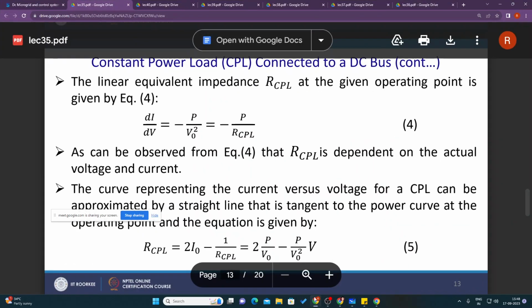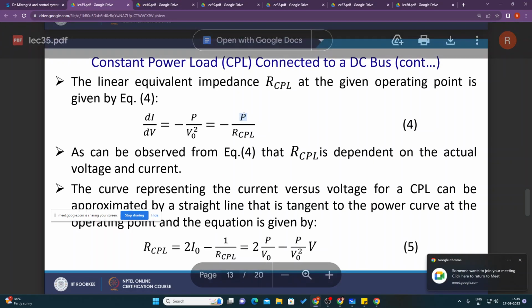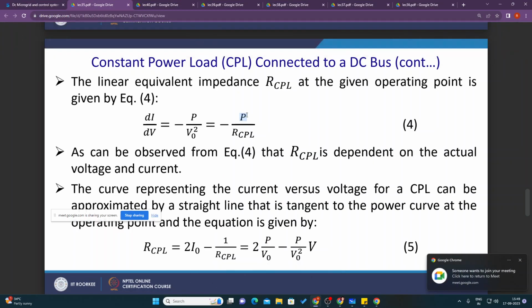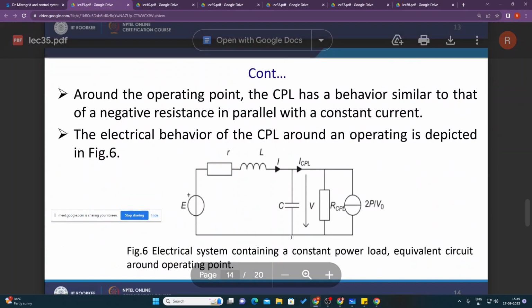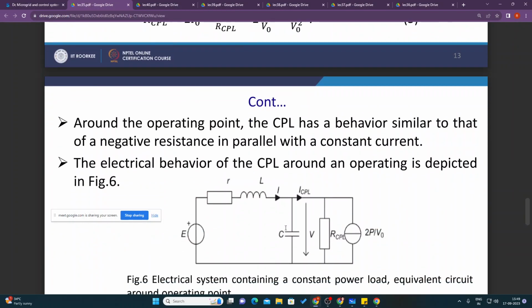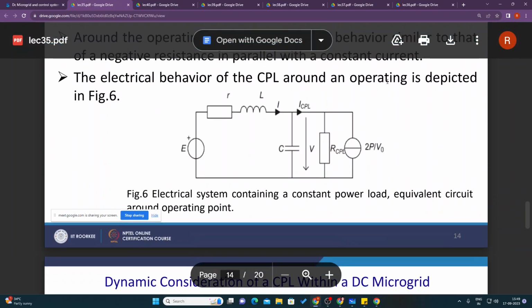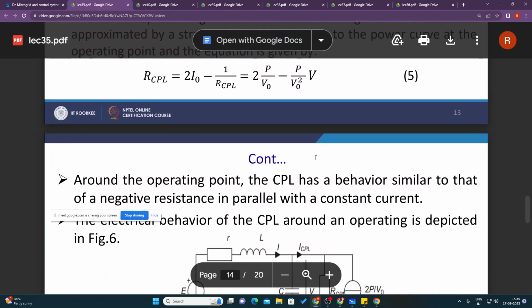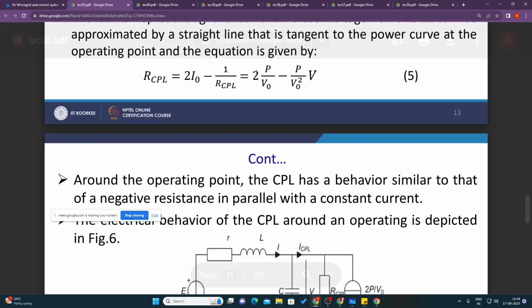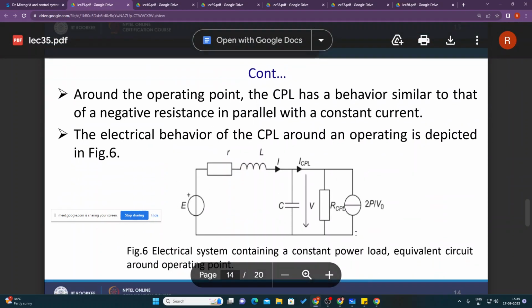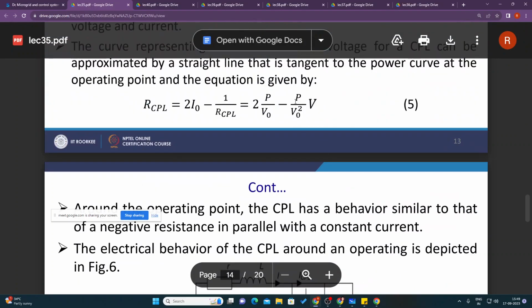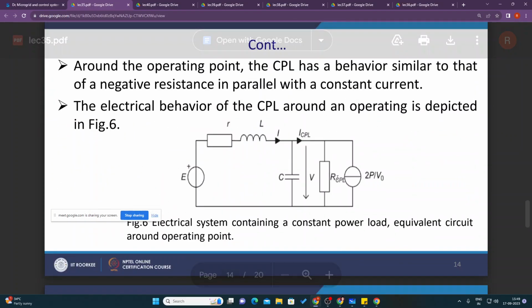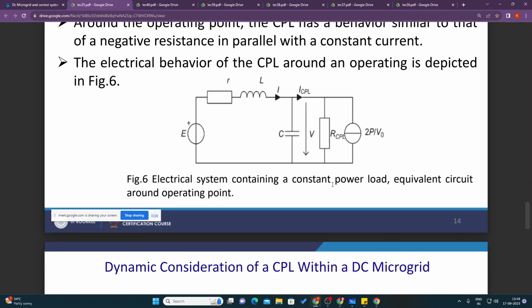Just one correction should be done, that is this P will be equal to 1. Okay. And now having this, we can express the constant power load as this expression. So there is a 2P by V naught current sink and minus P by V naught squared, which gives us the RCPL.